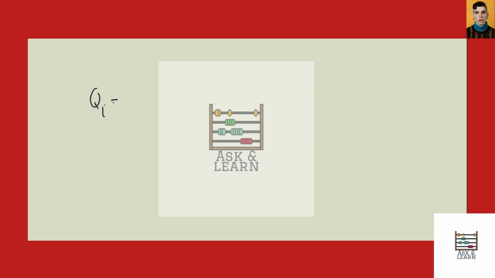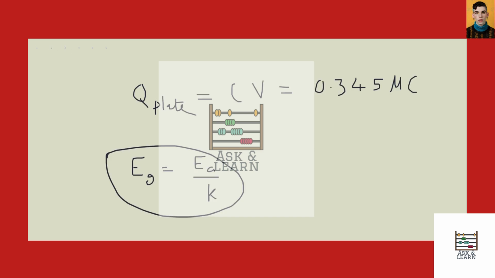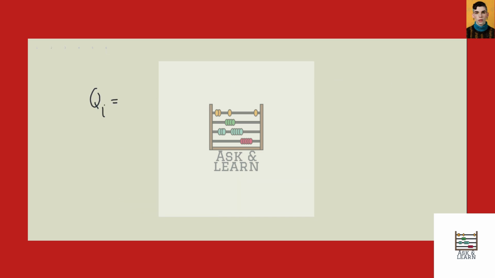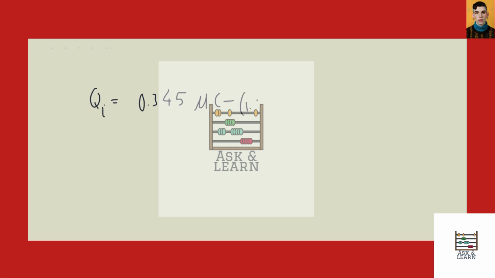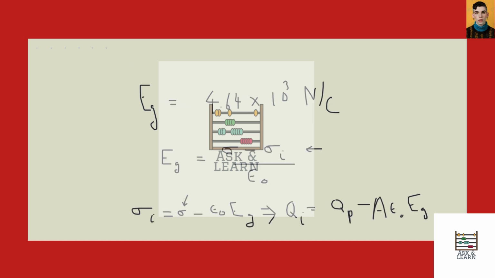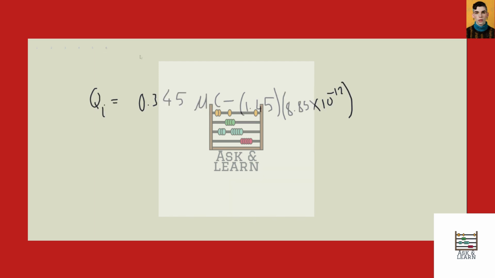Q induced is equal to, as we know, Q plate, which is 0.345 microcoulomb, minus area, which is 1.45, epsilon naught, which is 8.85 times 10 power negative 12, times the electric field inside the glass, which is 4.64 times 10 power 3.